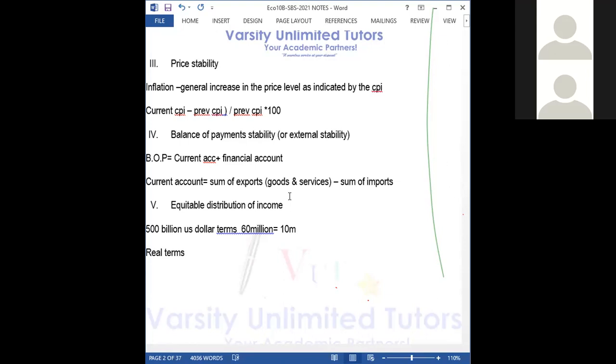So in order for us to measure this distribution of income and wealth, whether it is equitable or inequitable, we use a metric that is referred to as the Gini coefficient.